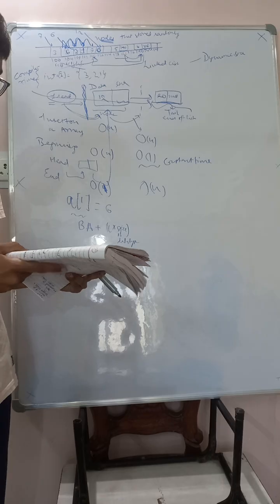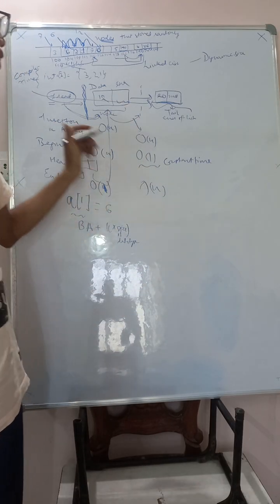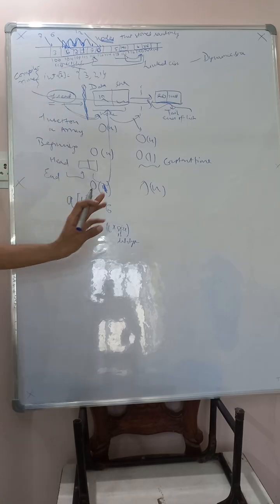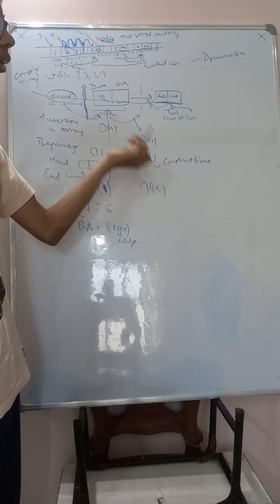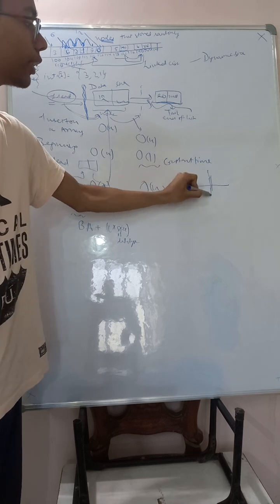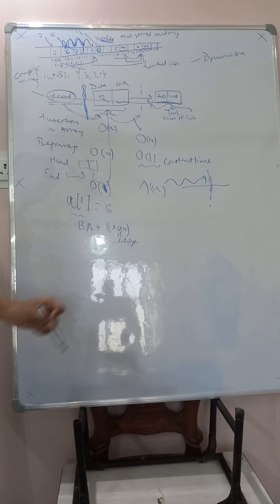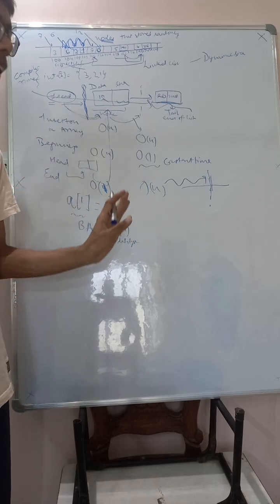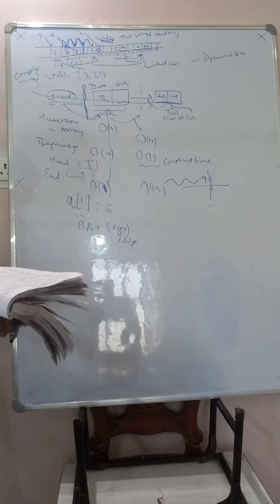Now linear search is possible in array as well as linked list, but binary search is not possible in linked list, because you can't first go to the middle of the linked list, right? For that you have to perform traversal. But in array you can access any element. You can begin with accessing any element in your for loop, right?